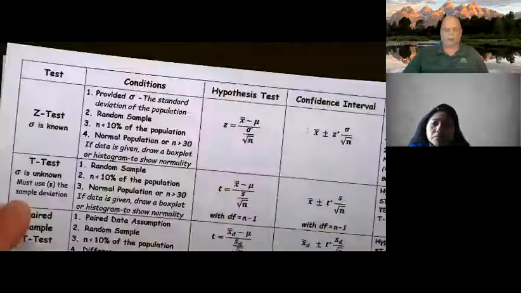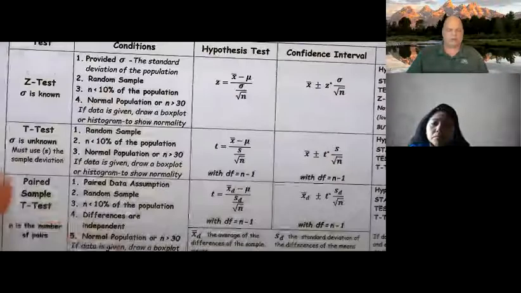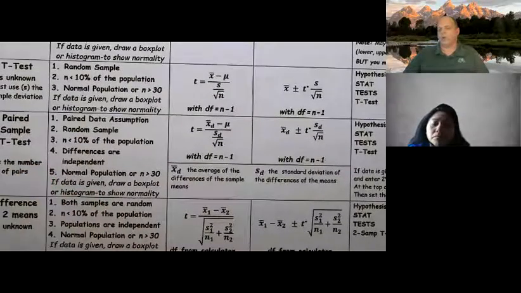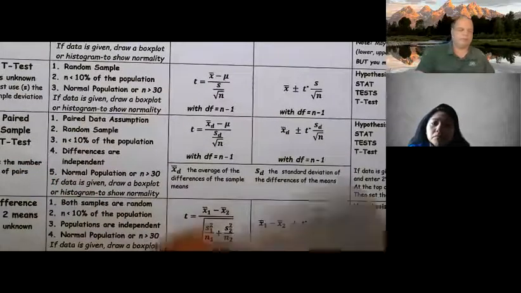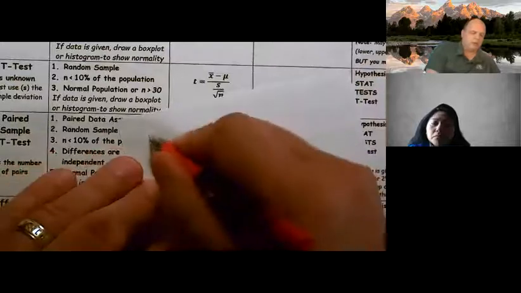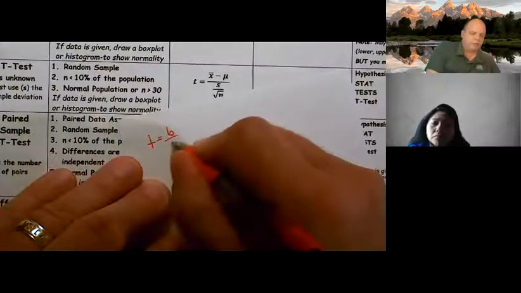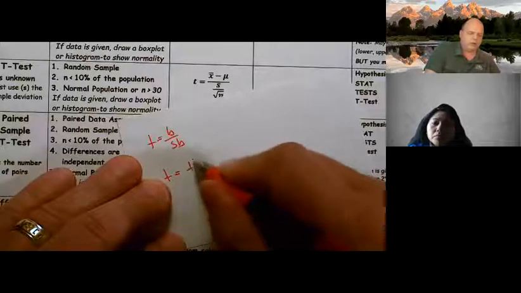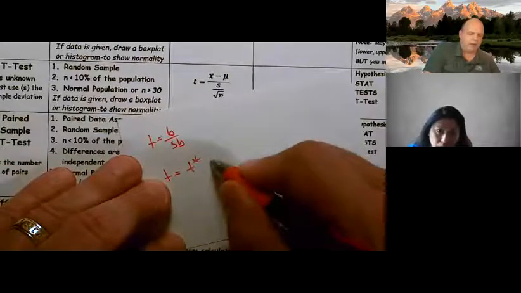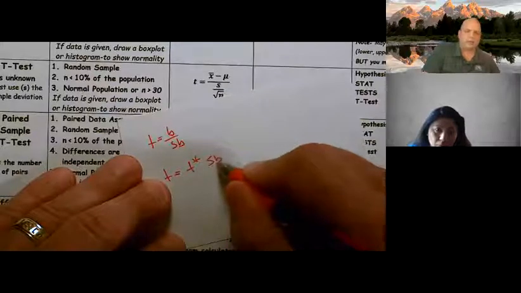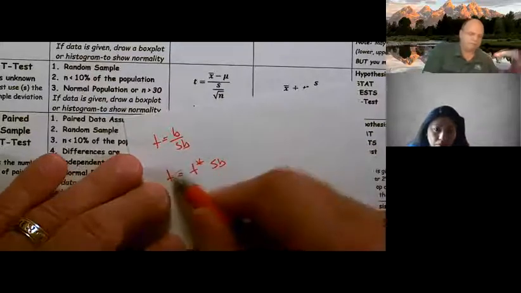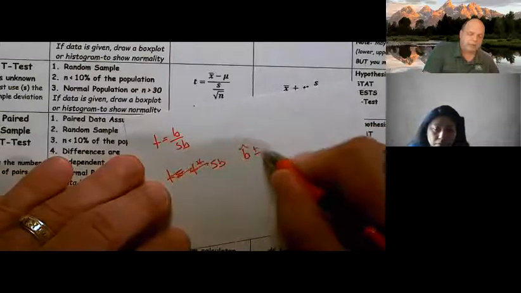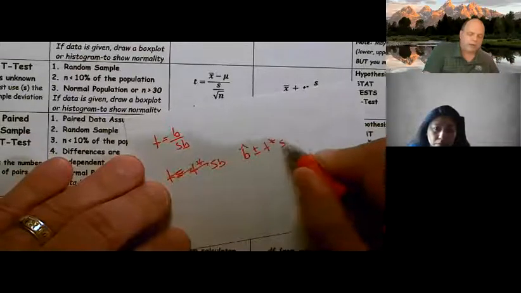Okay, so lastly, wanted to talk to you about confidence intervals and regression. First off, all you need to know with regression formula-wise, t equals b over SB, or, oh, excuse me, b hat plus or minus t star SB.